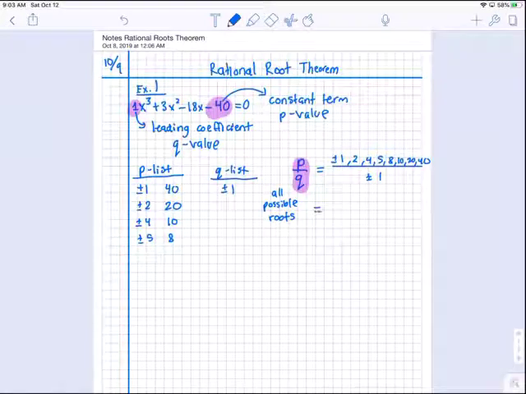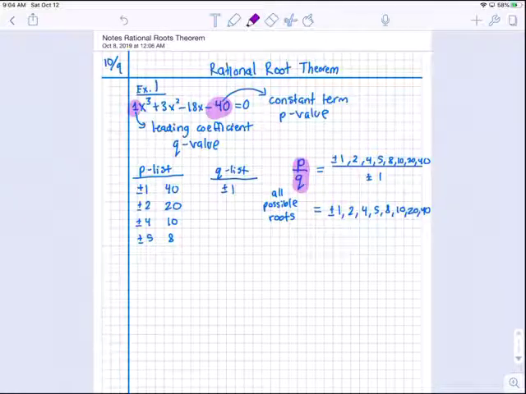Now, it's going to equal, okay, so 1 over 1, which is plus or minus 1, and then 2 over 1, which is 2, 4 over 1, 4, 5 over 1, 5, 8 over 1, 8, and so on. So this list right here, these are all our possible roots. That's all of our possible roots right there. And we're going to keep on referring back to that list until we find all the roots for our polynomial.